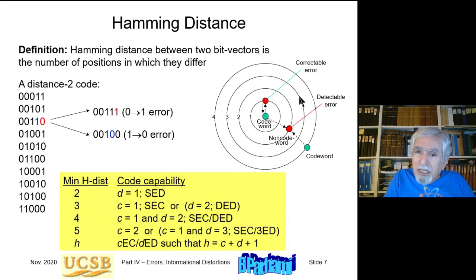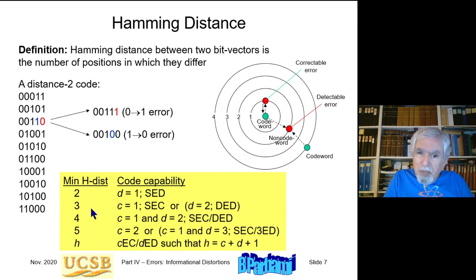So imagine that the nearest code word to this one is on this third circle. There's no valid code word on the first circle, distance 1, and none on the second circle, distance 2. The closest one is distance 3. Therefore, if I have up to 2 errors, it's impossible to convert a valid code word to another valid code.